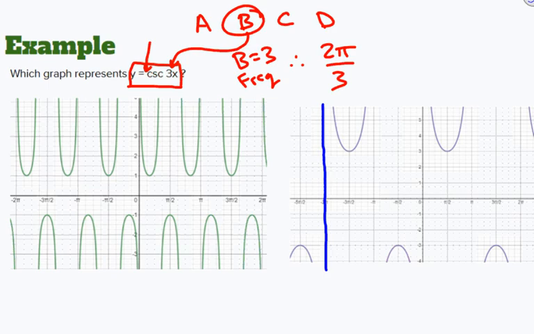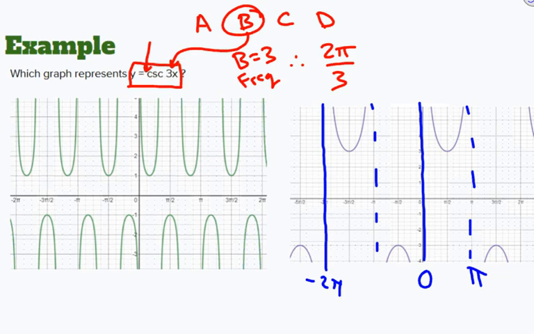Right here at -2 pi, and right here at 0. There's another asymptote at pi, there's another asymptote at -pi. But as far as period goes, this period is not looking good. It's not looking good at all.